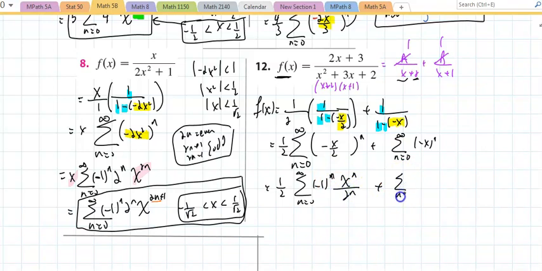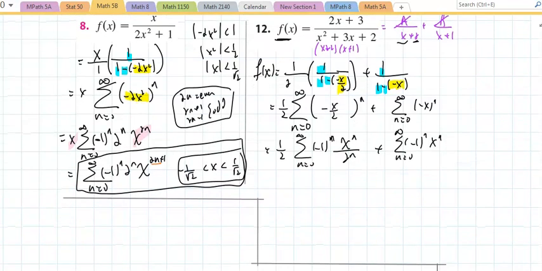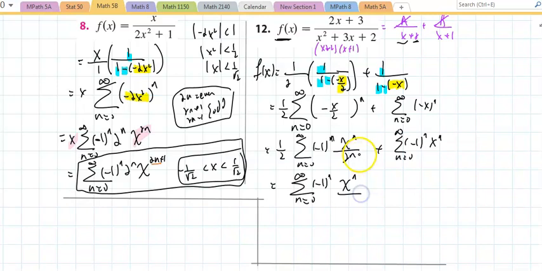This is the series n equals 0 to infinity, negative 1 to the n, x to the n. And if I play with that a bit, that is the series n equals 0 to infinity, negative 1 to the n, x to the n over 2 to the n times 2 to the 1 is 2 to the n plus 1. And here it's the series n equals 0 to infinity, negative 1 to the n, x to the n.